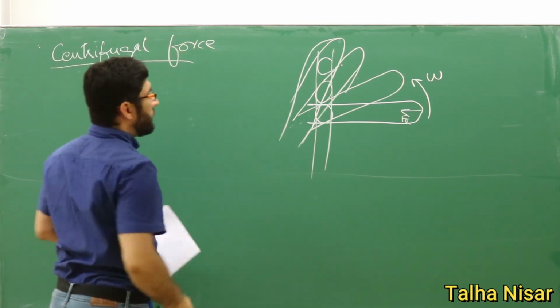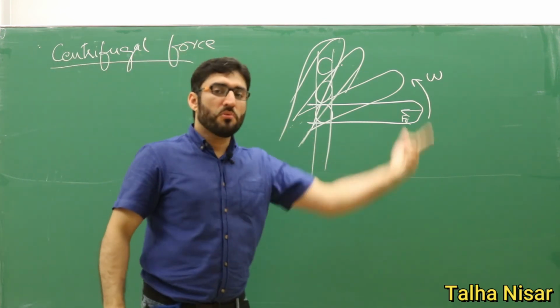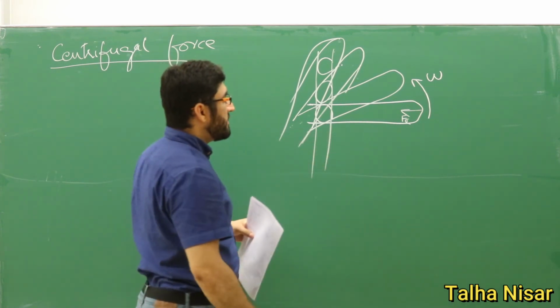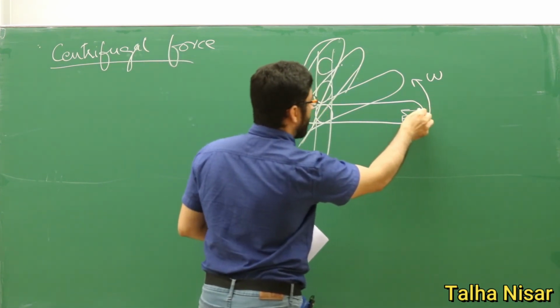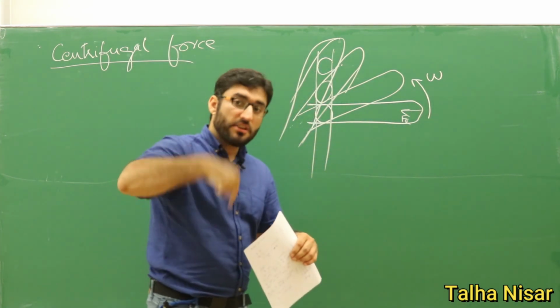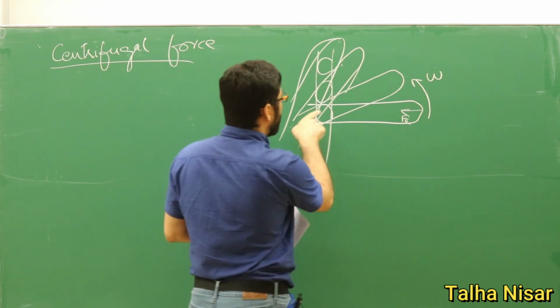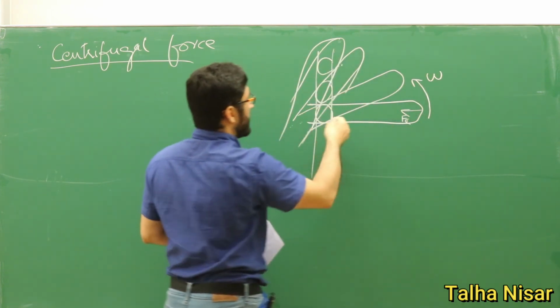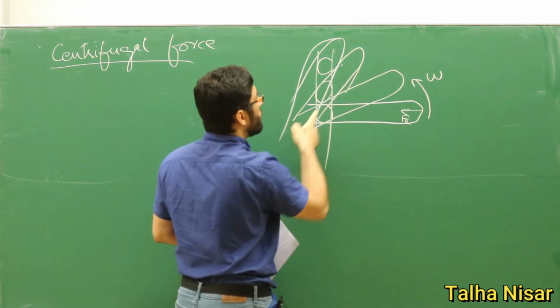Centrifugal force is the force that is opposite of the centripetal force. The centripetal force causes the object to move towards the center, so its direction is central. But with the centrifugal force, when we were rotating in a circular path, the object was moving towards the edge.